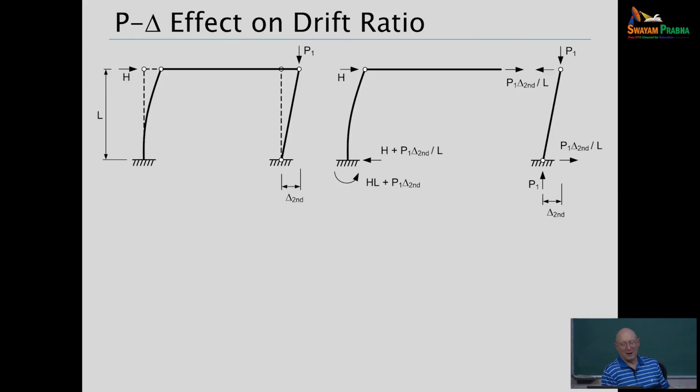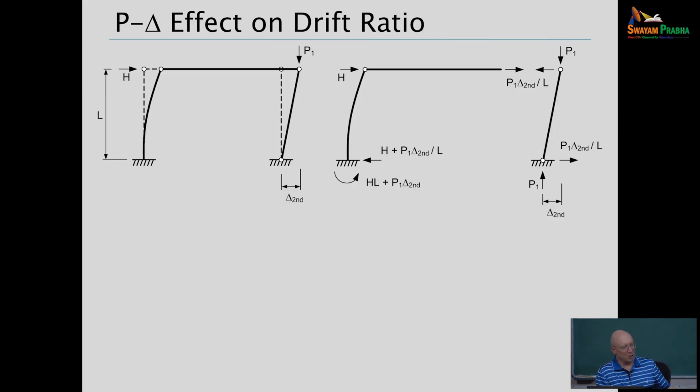And then the free body diagram on the right, Newton's third law, the force is transferred to the horizontal strut there at the top and then over to the cantilever. And guess what? Our story shear at the bottom of the cantilever is H plus P1 times delta second over L. And also we can see that our lateral moment got increased.